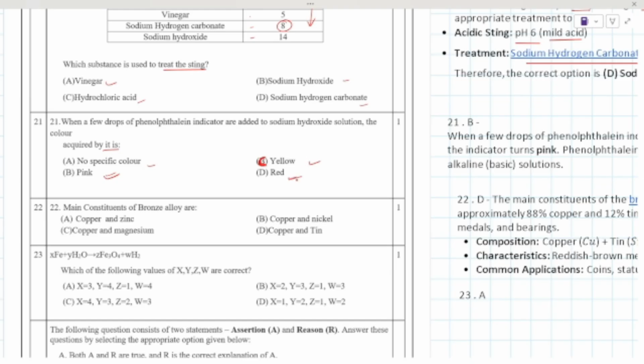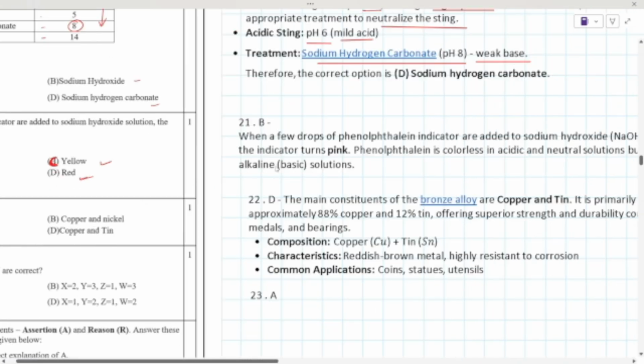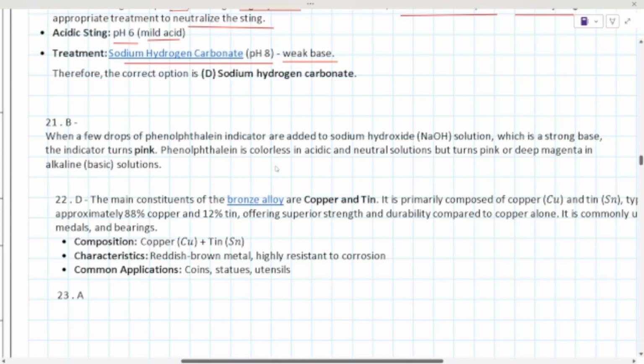It will be pink, so option B. Is it clear?